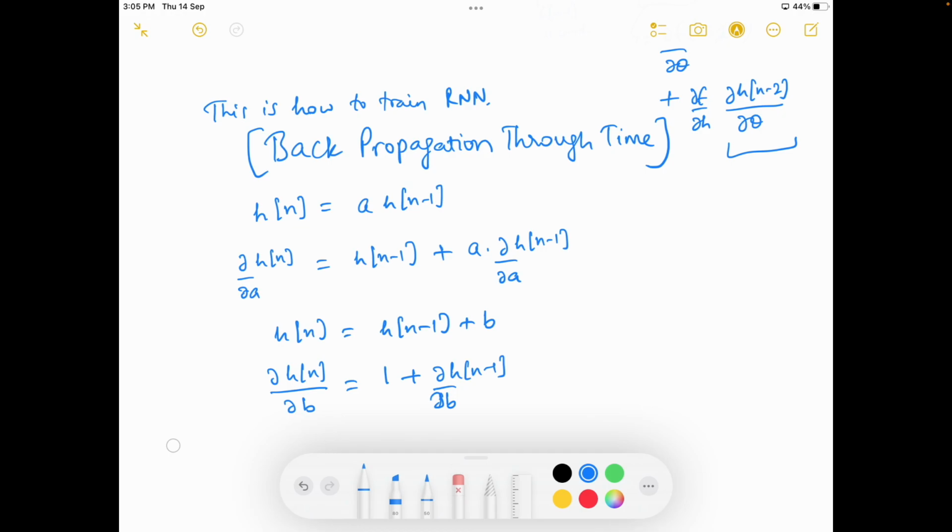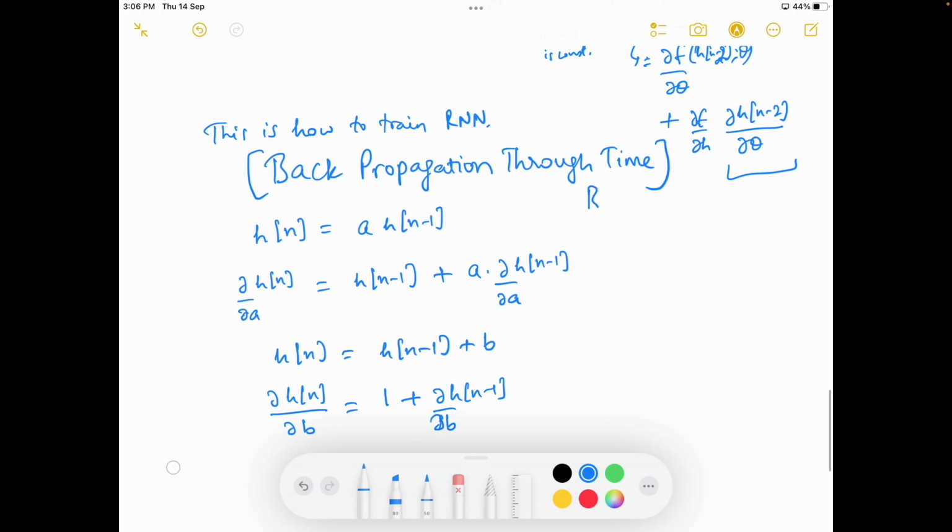From n you went to n minus 1, from here n minus 2, n minus 3. So you are backpropagating not only through space, but also through time. Space means layers. Not only through layers, but also through time. This is called BPTT. BPTT algorithm is nothing other than the gradient descent algorithm, but just a fancy name because recurrent neural networks are popular, so training them is also a popular thing. So just give it a name, BPTT.